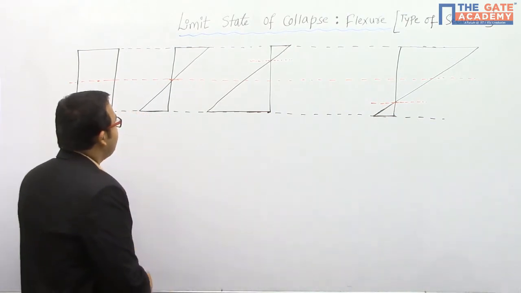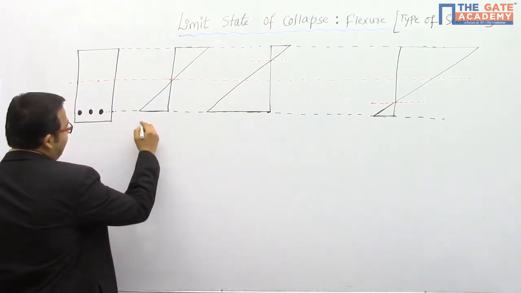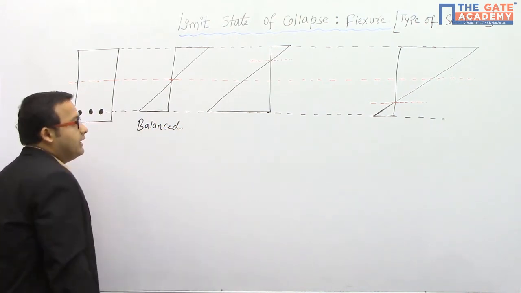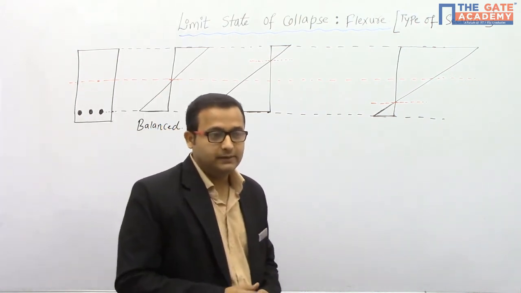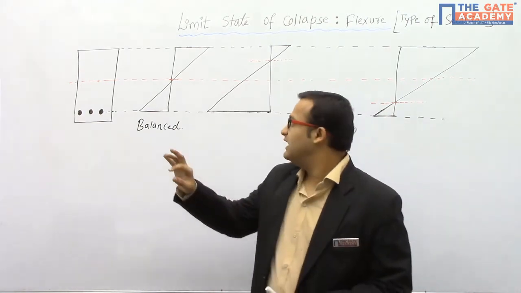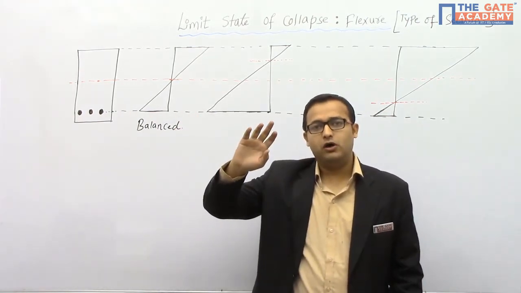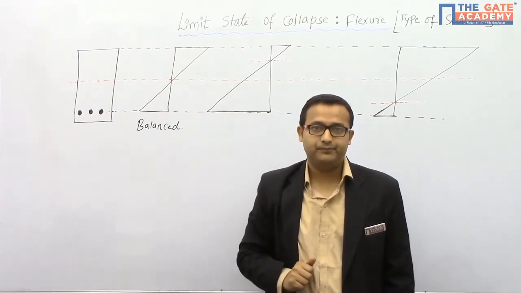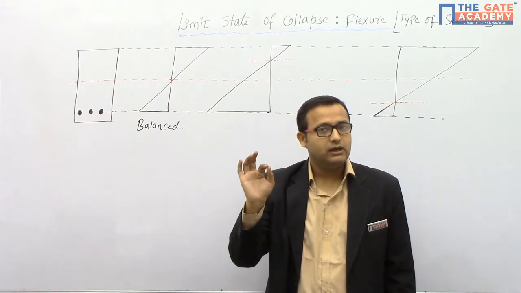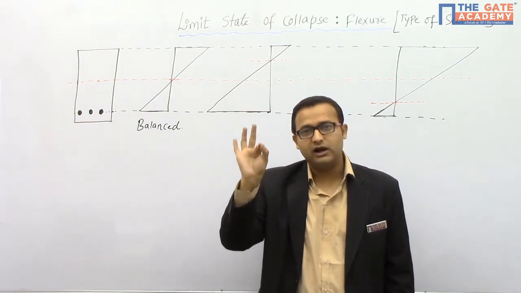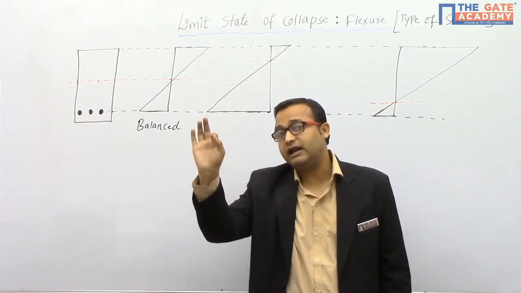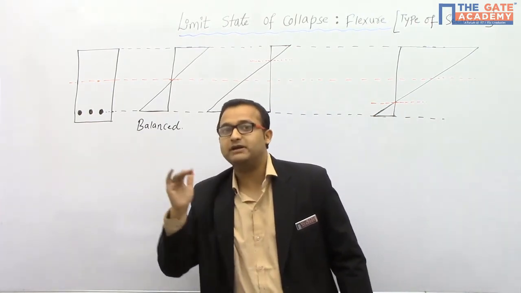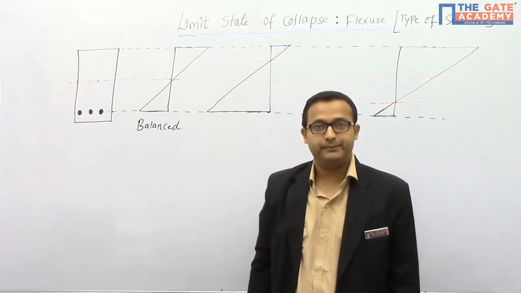Let's talk about the first section, that is the balanced section. In the balanced section, what happens actually? As per my assumptions, all the compressive stresses will be taken by concrete, and all the tensile stresses will be taken by steel. Suppose the strength of concrete is 20 Newton per mm square, meaning if I give a stress in the concrete more than 20 Newton per mm square, the concrete will fail.